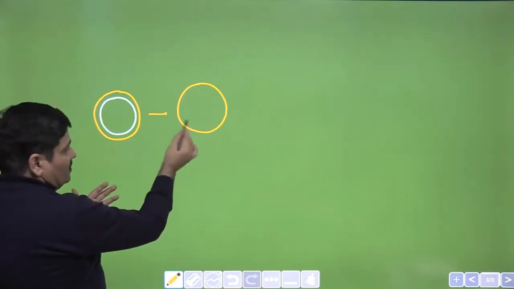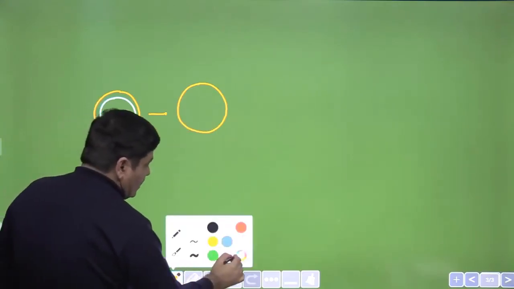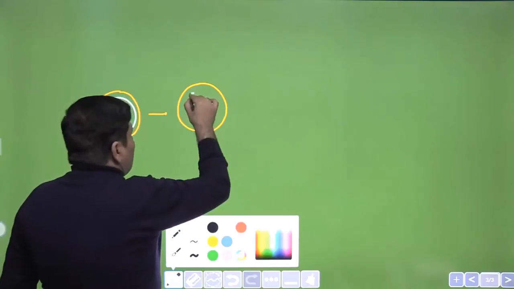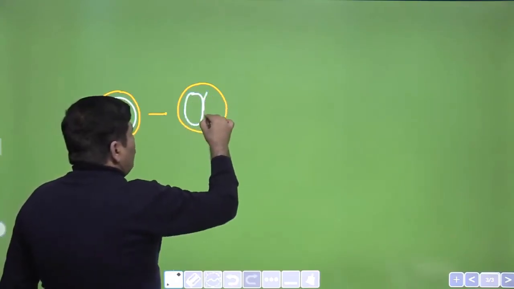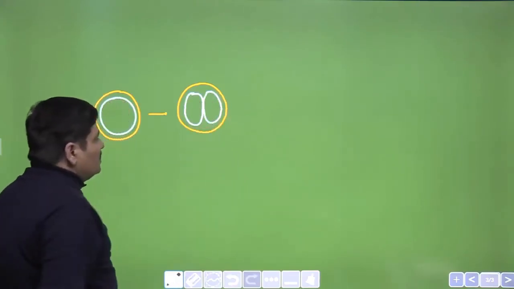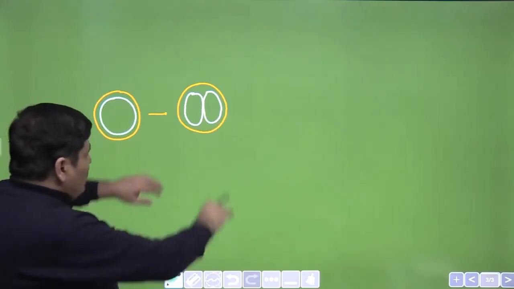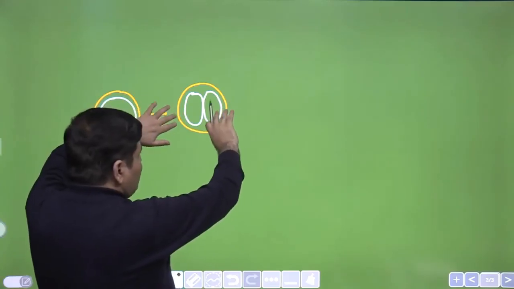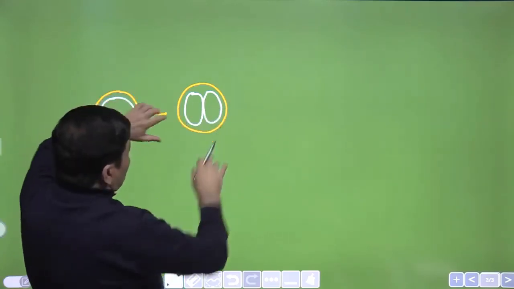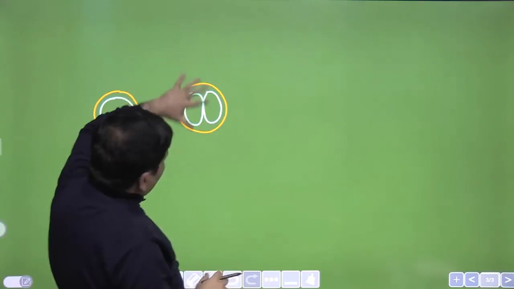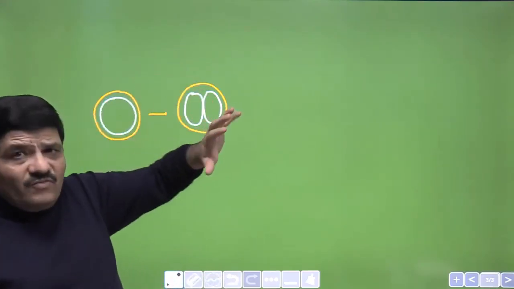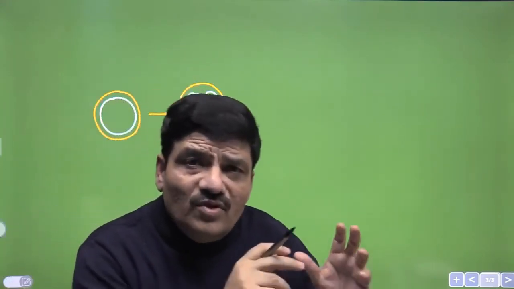Just consider that the structures are roughly equal in size, and these are the two blastomeres. This is the equal division in human beings, and these blastomeres are indeterminate, which means if they get separated somehow, each is capable of forming a complete embryo. That would be the reason for the formation of monozygotic or identical twins.